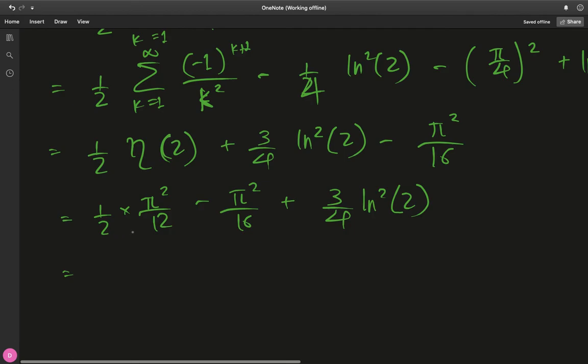And this, on simplification now, taking common denominators and LCMs and so on, is just going to be, we can write the positive term first, 3 over 4 times natural log squared of 2, and this is nothing but negative pi squared over 48.